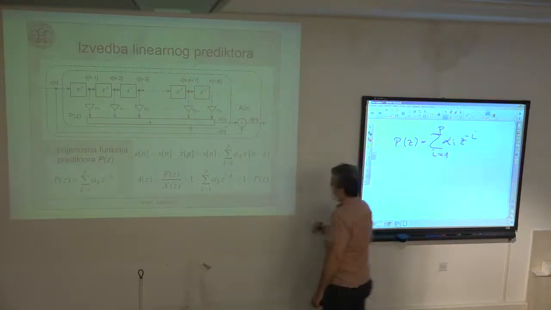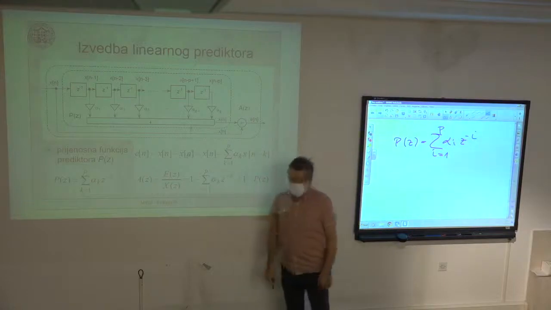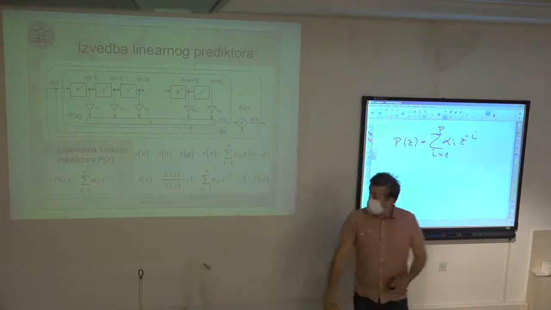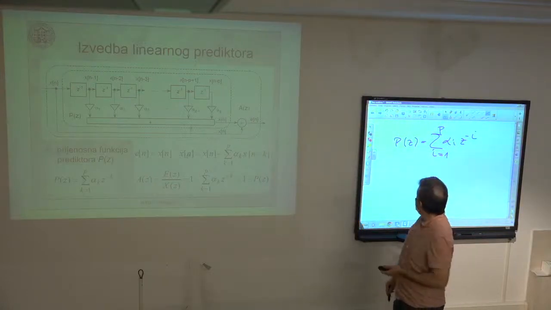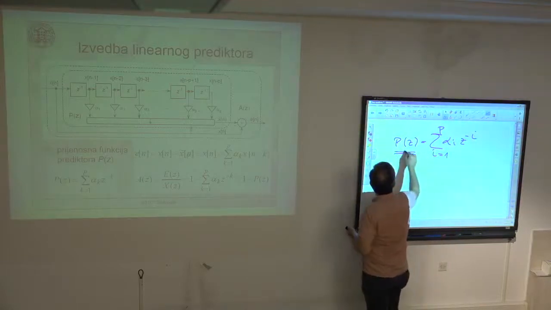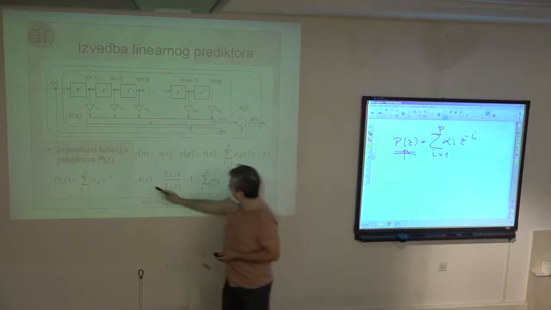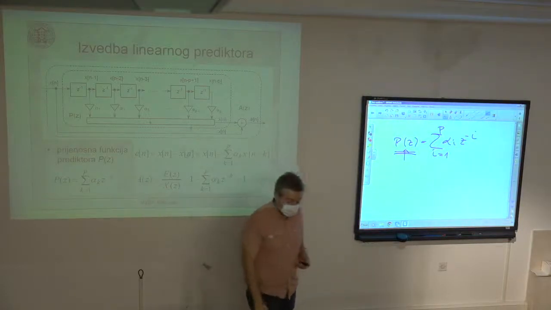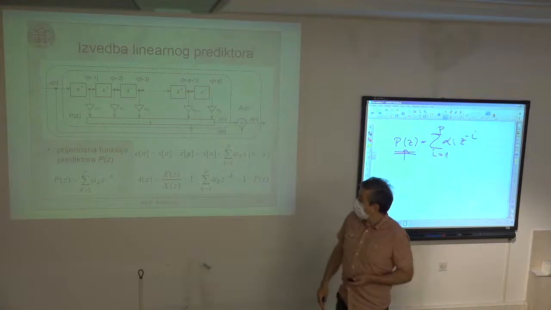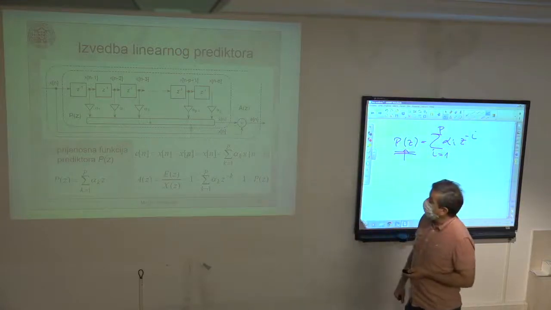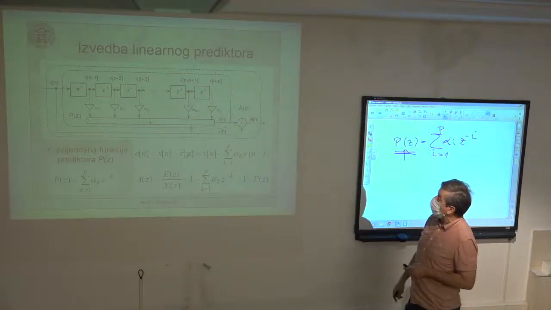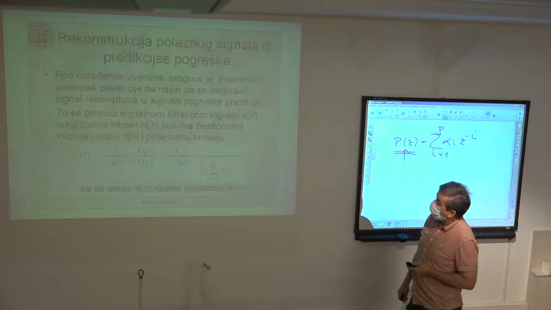So this is the transfer function of the predictor. Okay, so now we have all the elements. We will denote this as the predictor transfer function, and this A of z would be the residual transfer function. Okay, and this E of z is the actual z transform of the prediction residual.